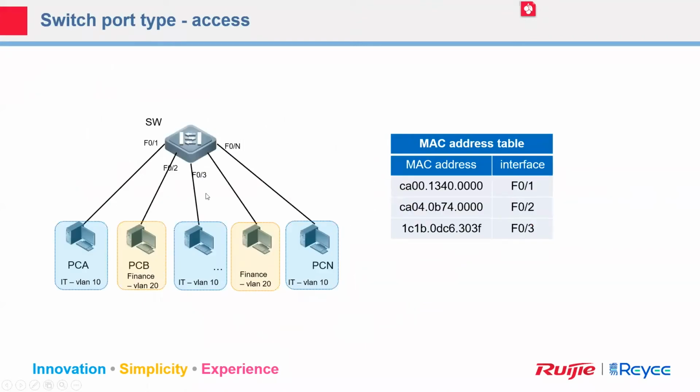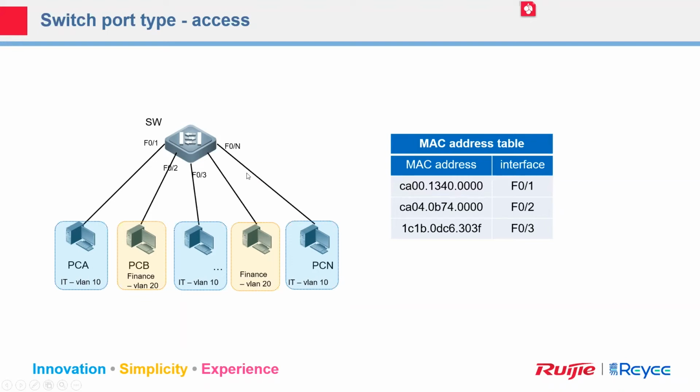And then let's see the switch forwarding the traffic. By default, I only receive the packets, and according to the destination MAC address, I check the MAC address table to finally forward the traffic to the correct interface, right?